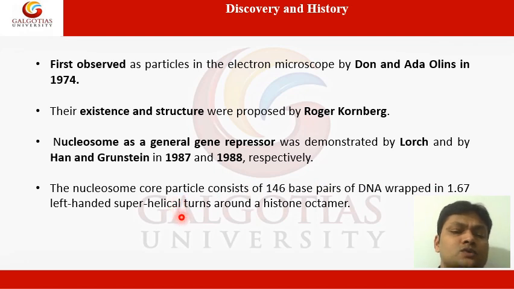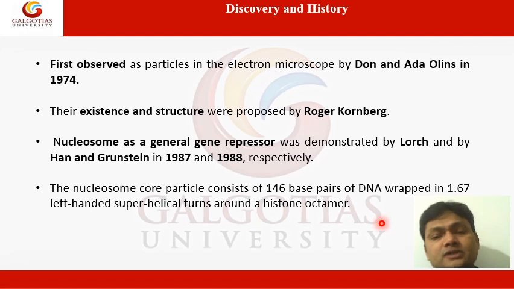The nucleosome core particle consists of approximately 146 base pairs of DNA, which is wrapped around the histone proteins in 1.67 left-handed superhelical turns, and also consists of two copies each of the core histone proteins, which are H2A, H2B, H3 and H4.